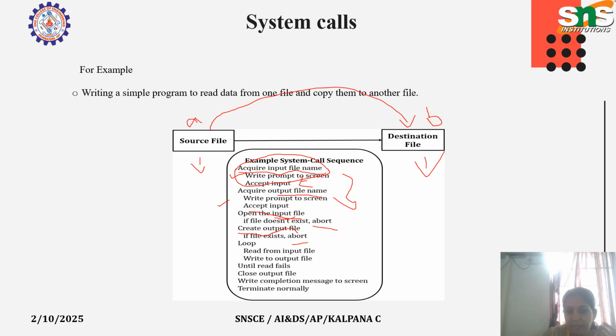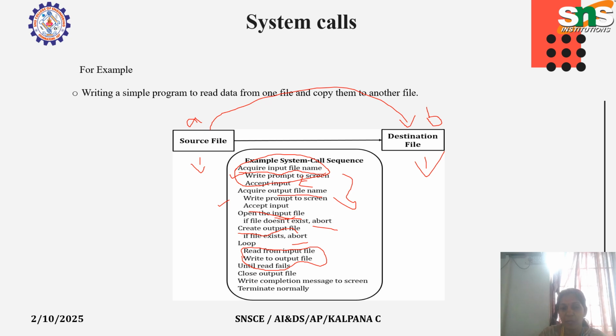Then read from the input file, write to the output file until read fails. This is how we copy the content from the source file to the destination file. We do this repeatedly till we reach the end of file, so we have given this in a loop.